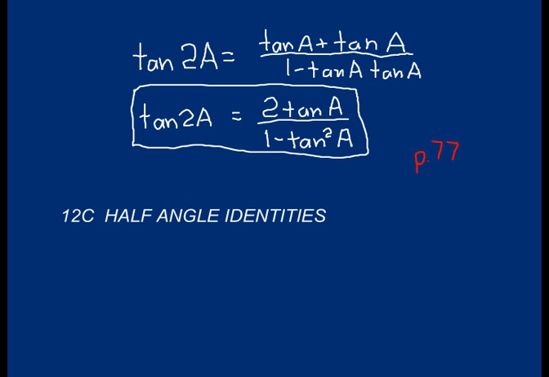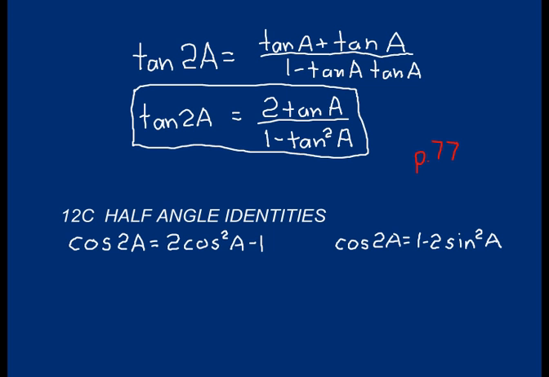Part C of this lesson is on half-angle identities. We can develop identities for cosine of x over 2 and sine of x over 2 using two of the double angle identities for cosine.